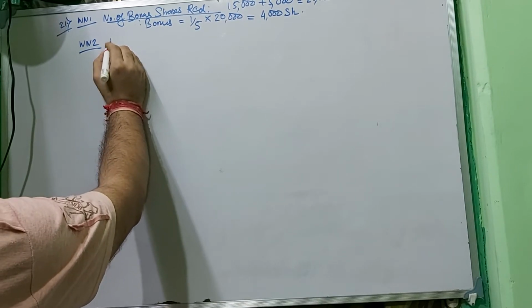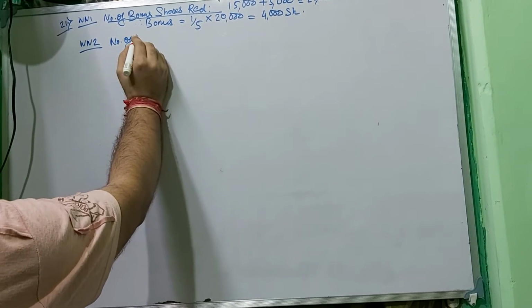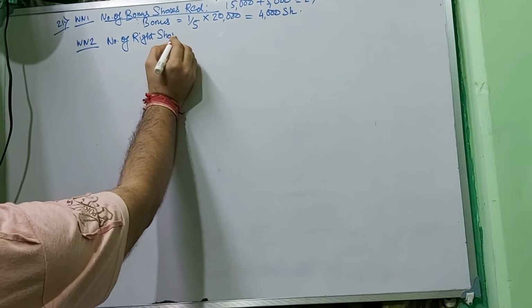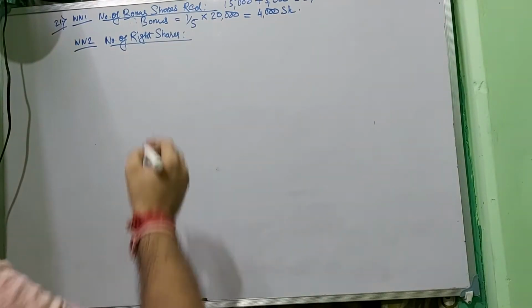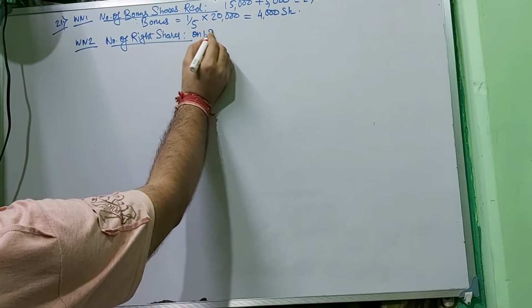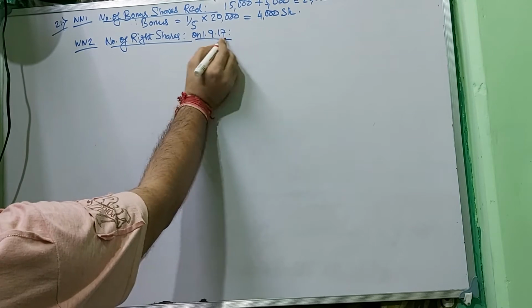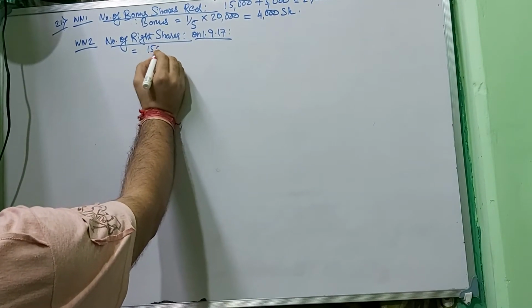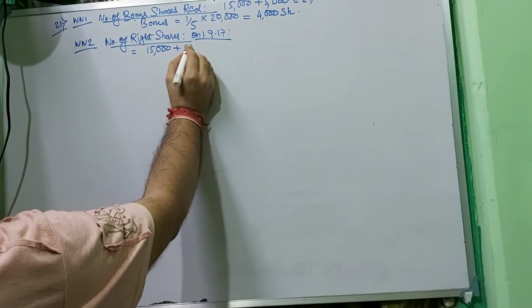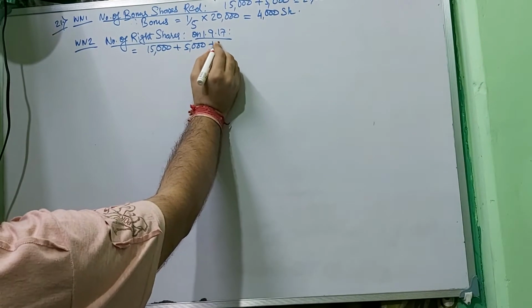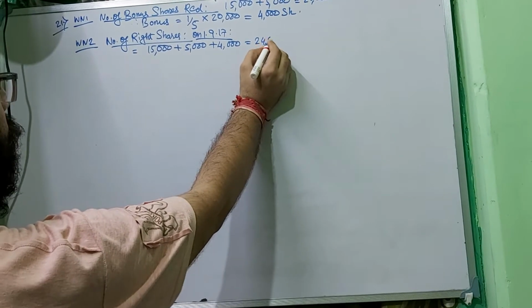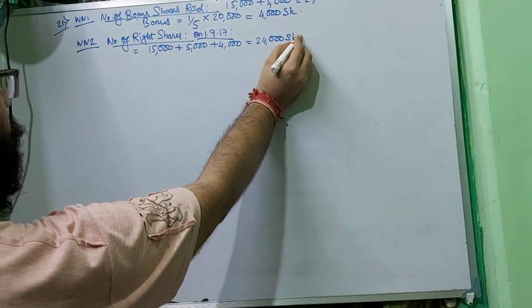So number of right shares. How much? Obviously existing on 1/9/17. How much? 15,000 plus 5,000 plus 4,000, which we calculated as the bonus, means 24,000 shares, right?